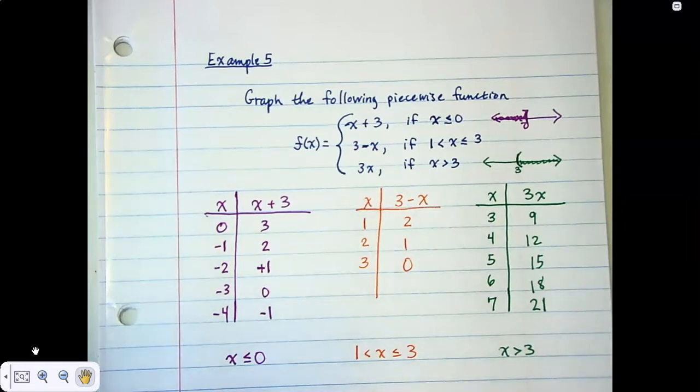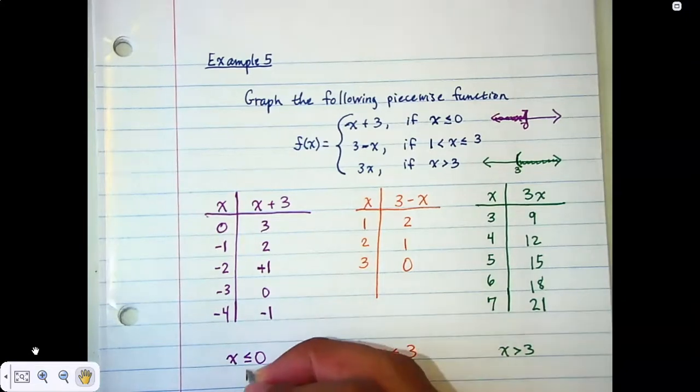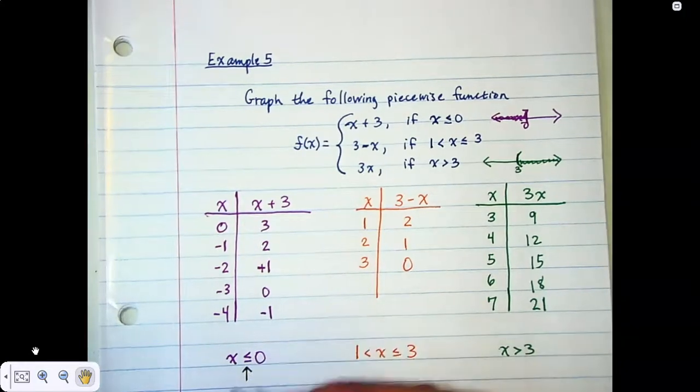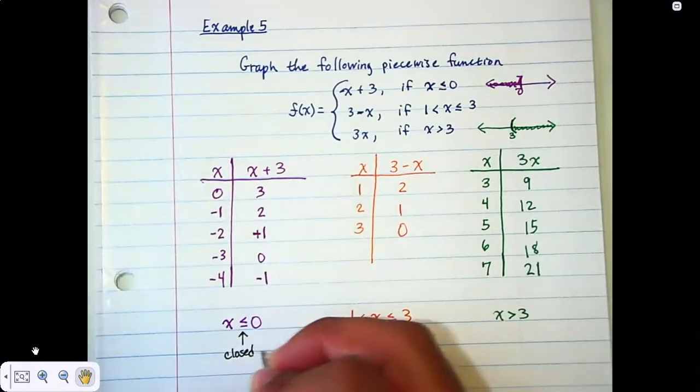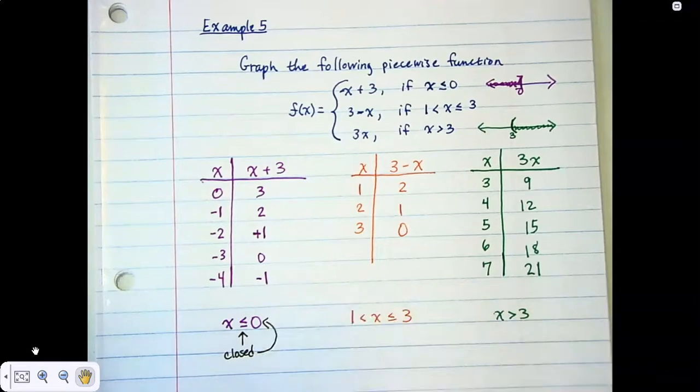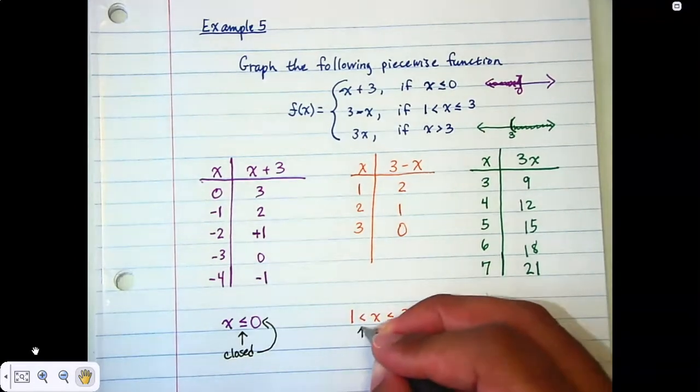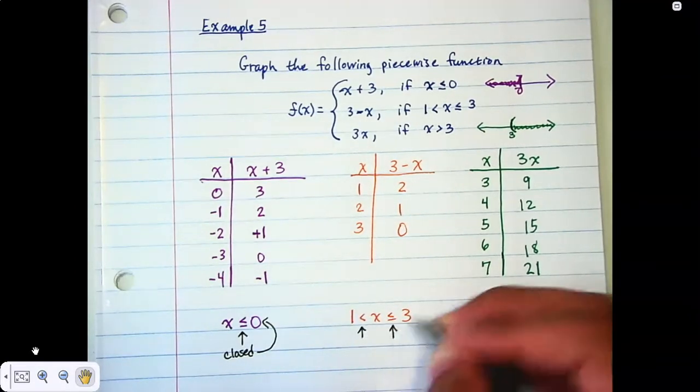All right, so, back up. Here, this says less than or equal to, so it means it's a closed circle. Here we have an inequality and another inequality.